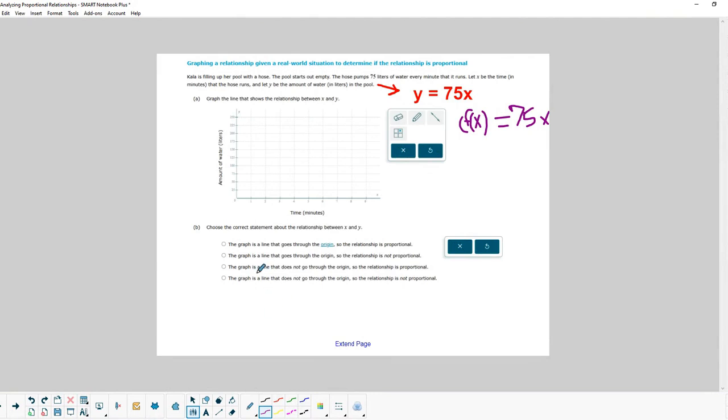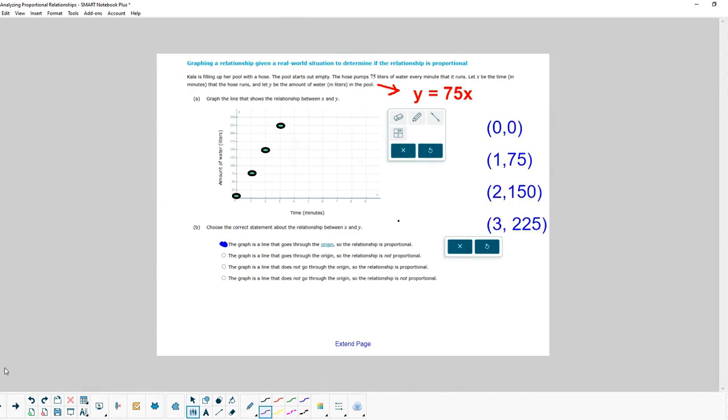All right, so now what we want to know is if we start filling the pool, what would our graph look like? Well, at time 0, there's no water in the pool, so that would be 0, 0. In 1 minute, we would have 75 liters in the pool. In 2, we'd have 150.